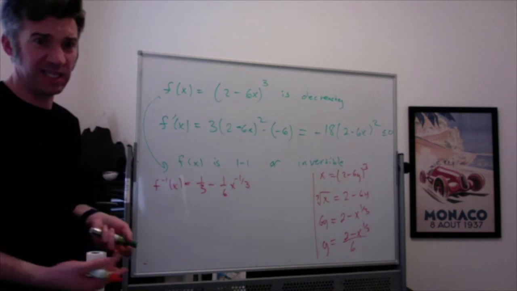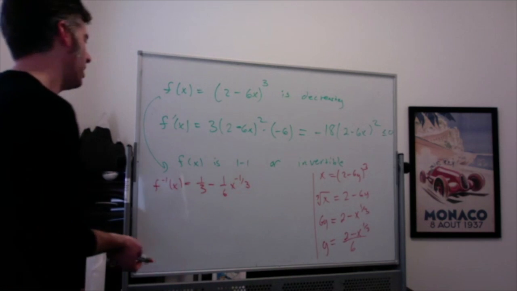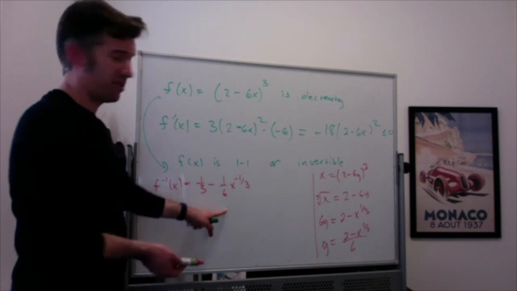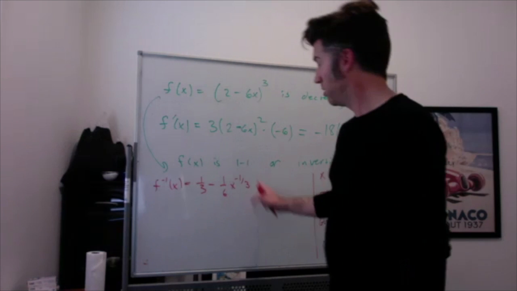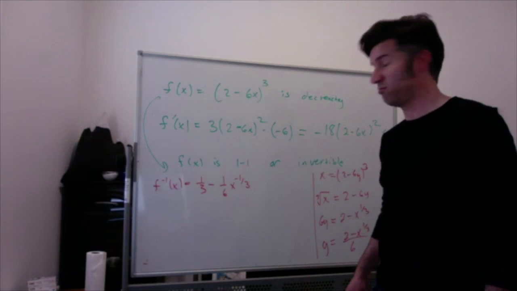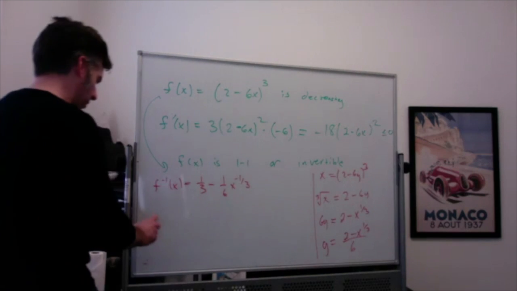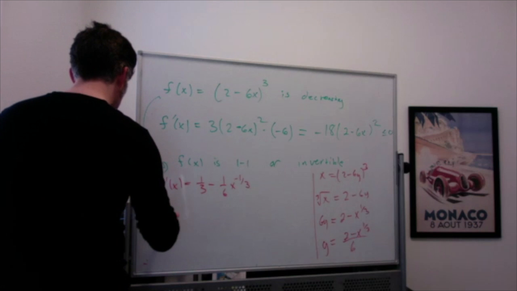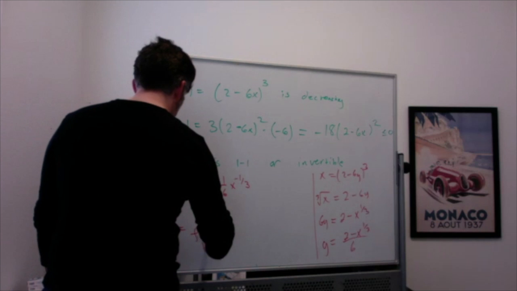Because that's going to be way easier to differentiate or plug into than the way I've written it before. And then you can either take the derivative of this, which I'm sure everyone is capable of doing. It's going to be positive 1/18 times x to the negative 4/3. It's kind of boring. Or we could do it the more exciting way. We could say that the derivative is 1 over f prime of f inverse.